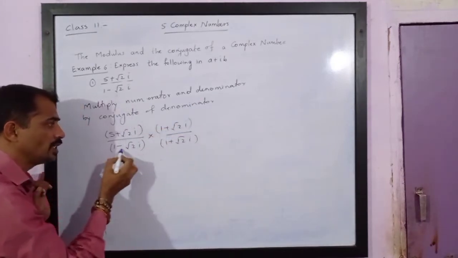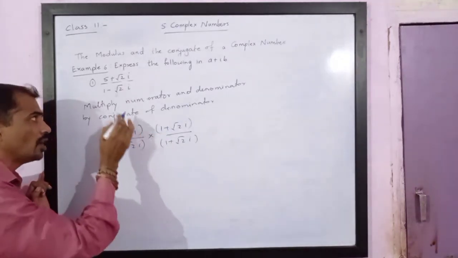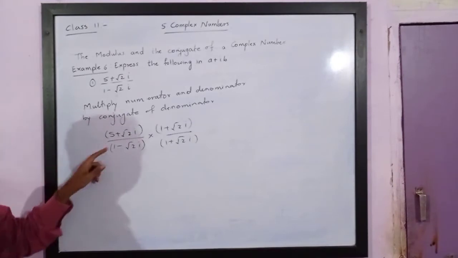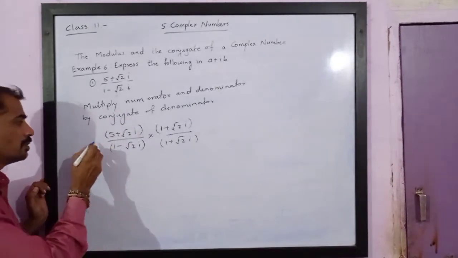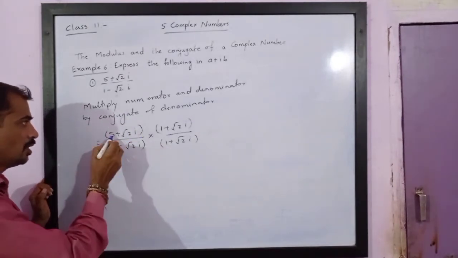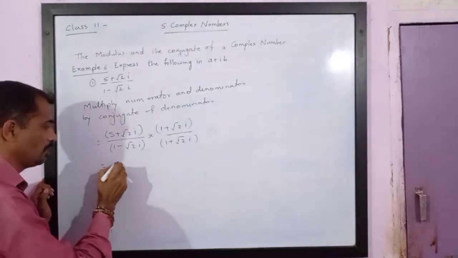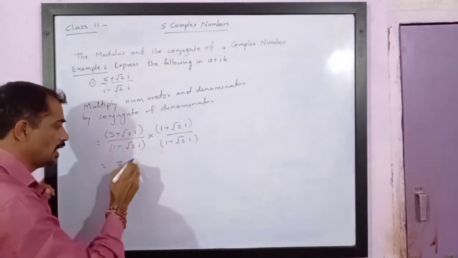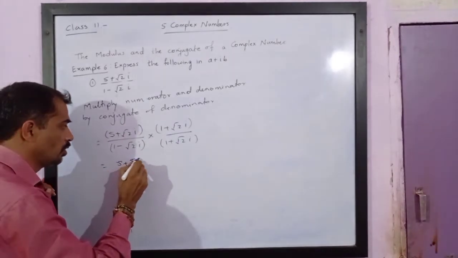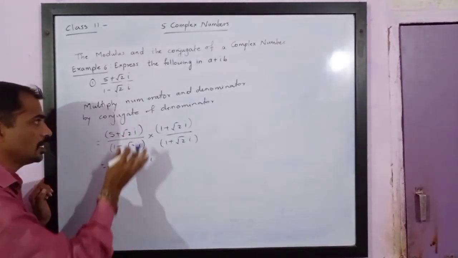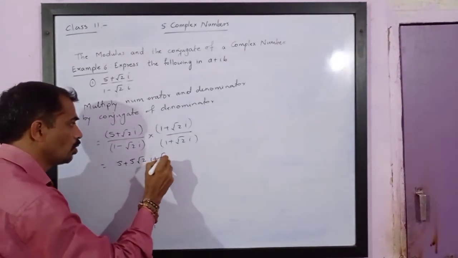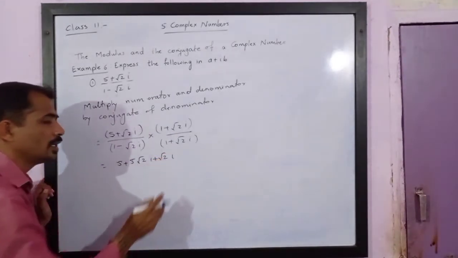Please note, I have changed the sign in the denominator. We have to multiply numerator and denominator by the conjugate of the denominator. So this becomes: first term multiplied by first term is 5 into 1, which is 5. First term into second is plus 5 root 2i. Second into first is plus root 2i.